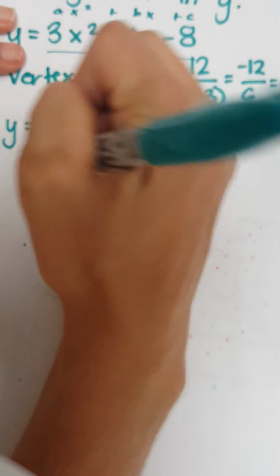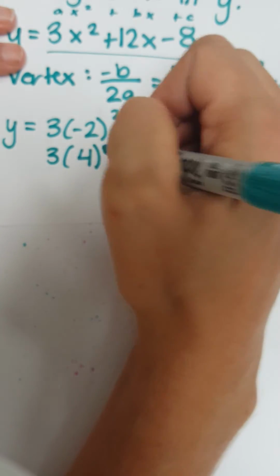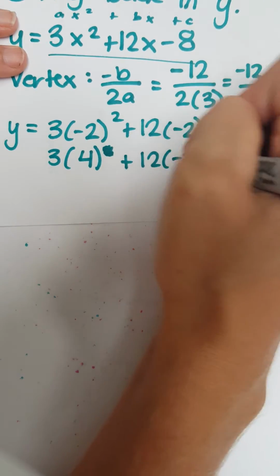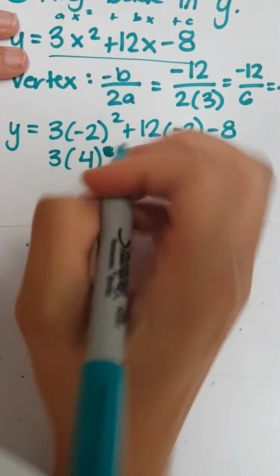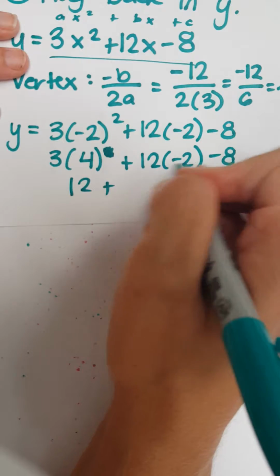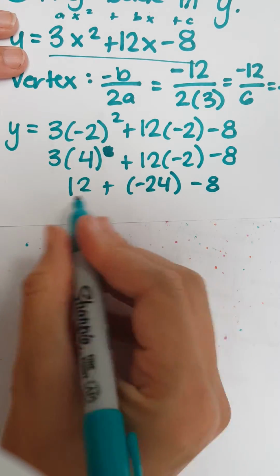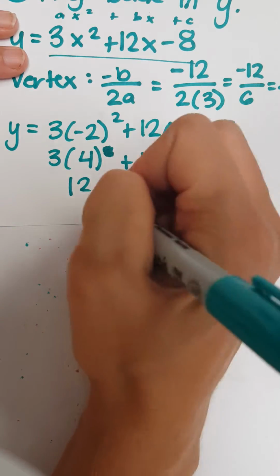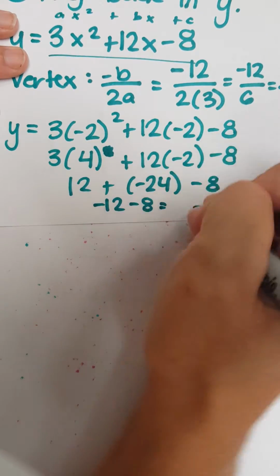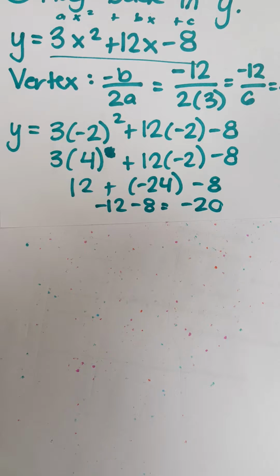So negative 2 squared is 4, 3 times 4 is 12. 12 times negative 2 is negative 24, minus 8. 12 plus negative 24 is negative 12. Minus 8 is negative 20. Okay, so make sure you get all that written down.